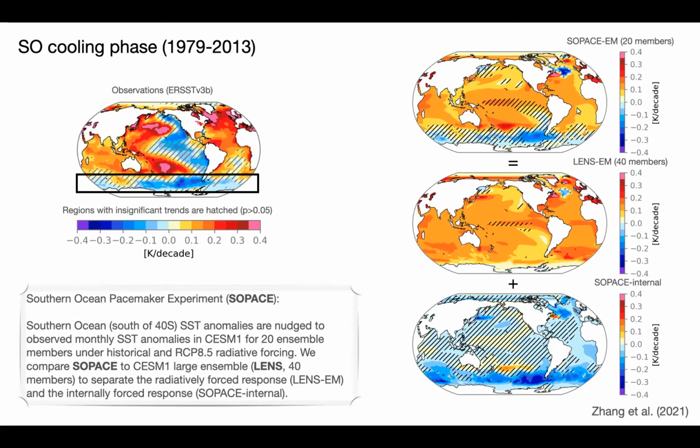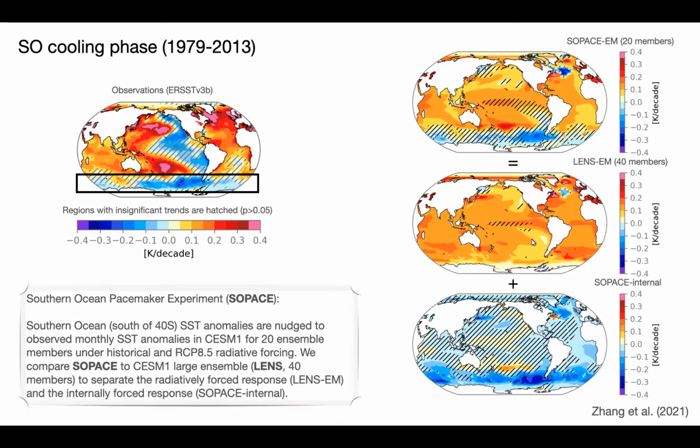Southeastern Pacific, as well as some muted warming in the tropical Atlantic. And a lot of these tropical Pacific response actually comes from the radiatively forced component, which is shown in the middle. So this is the ensemble mean of the large ensemble. And this pattern actually emerges in a lot of climate model simulations of increasing CO2.